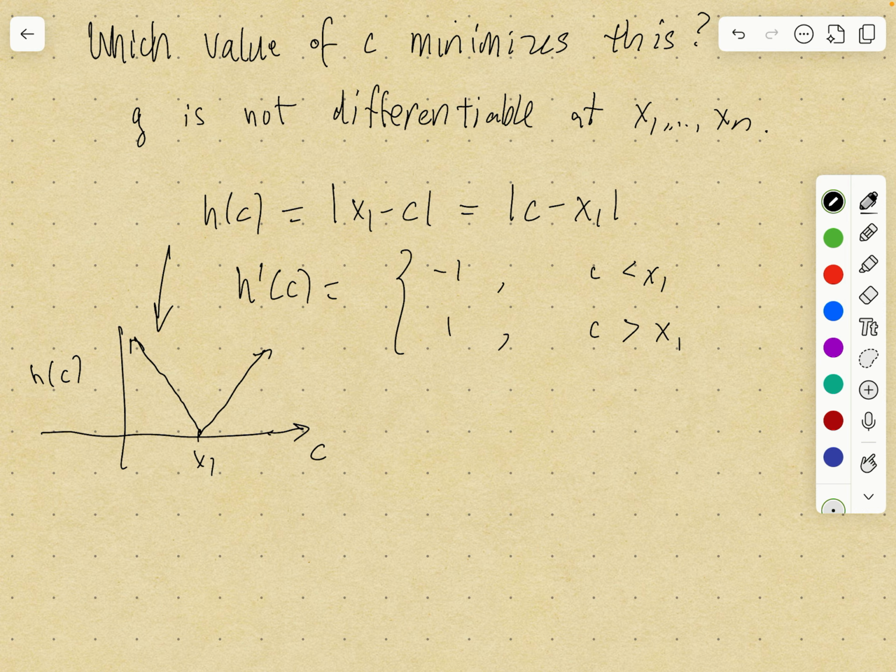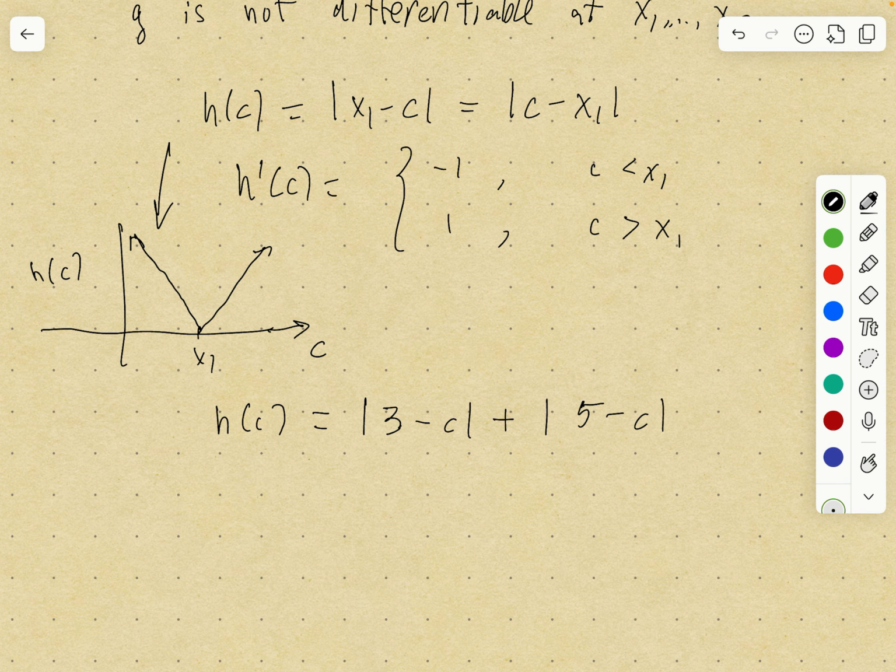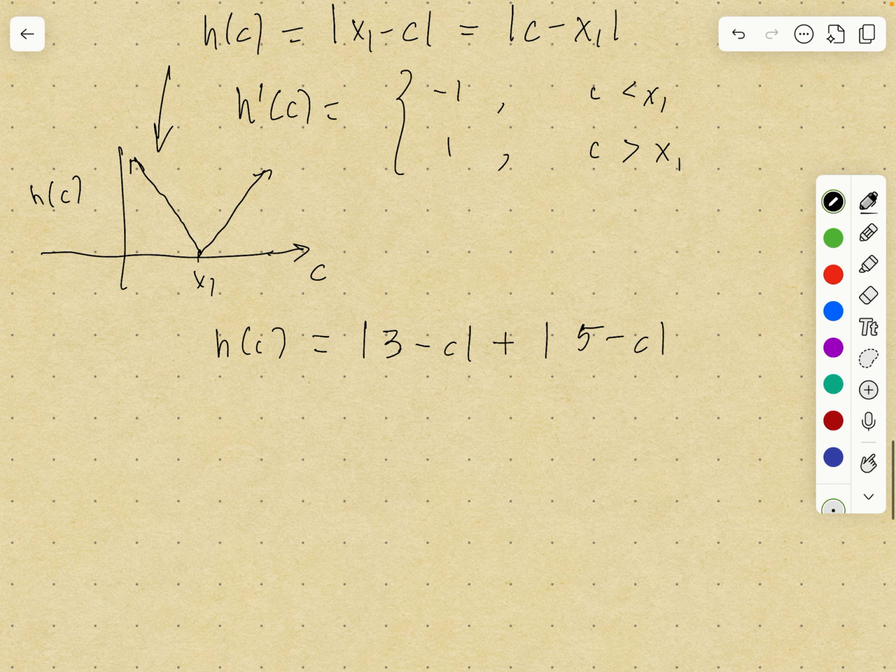So let's look at an example. h of c is the absolute value of 3 minus c plus the absolute value of 5 minus c. And think about what the derivative is going to be.